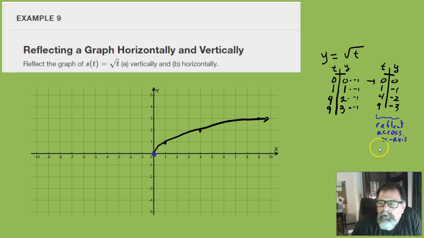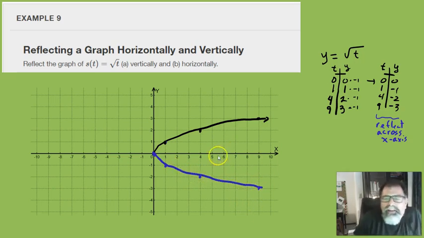Right, so that's a vertical reflection. So 1, -1, 4, -2, 9, -3, and then it's the same graph, but see, all these points got reflected down, so it's the same graph.